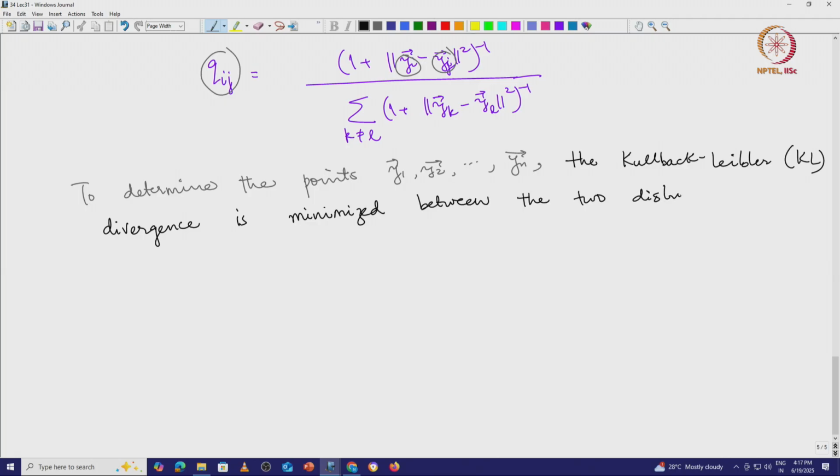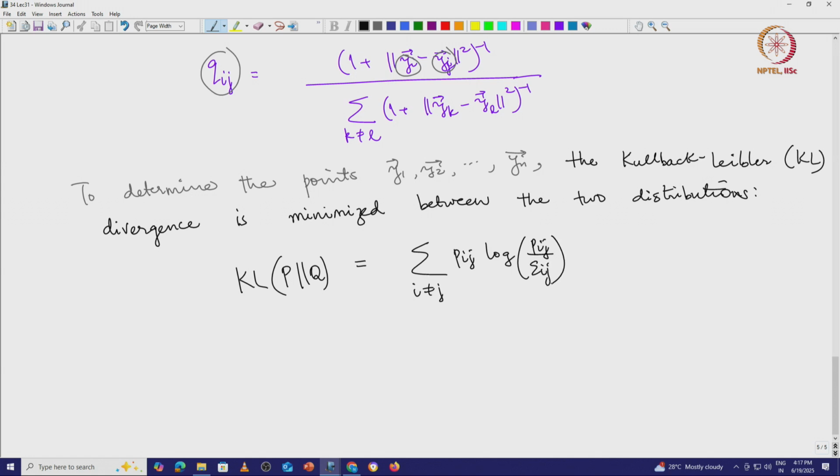And the KL divergence between the distributions represented by the random variables P and Q is the sum over i not equal to j of Pij log Pij divided by Qij, and this is minimized via the gradient descent method, which we have studied earlier in this course.